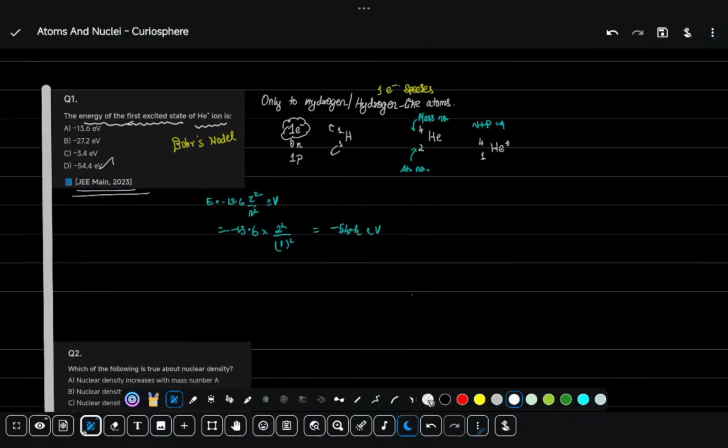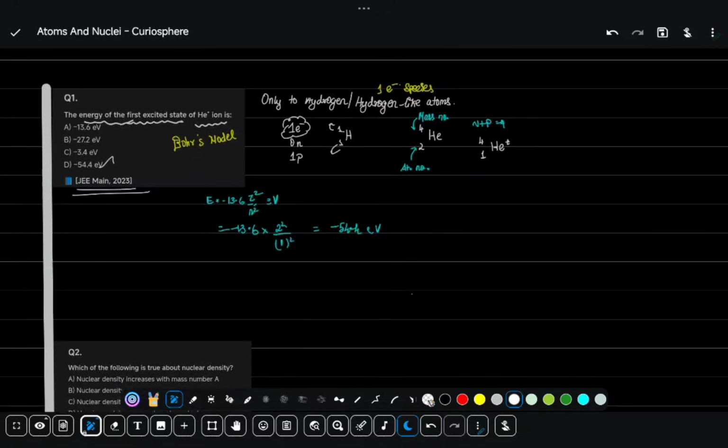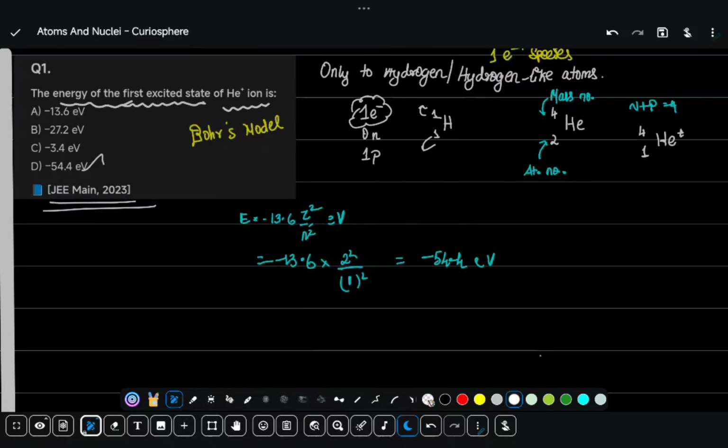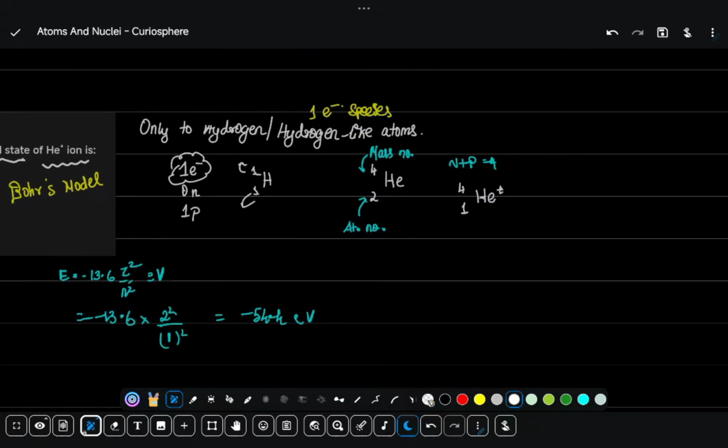Wait, we made a mistake. This is where we make the mistake. It does not say first shell. It says the first excited state, which means, see, the nucleus is here. It's n is equal to 1, n is equal to 2.